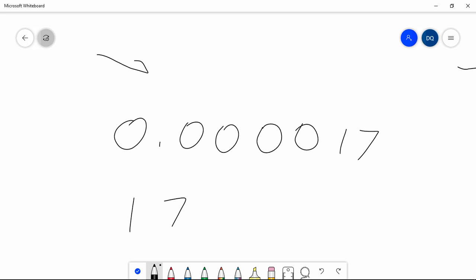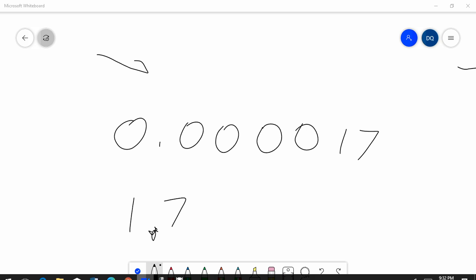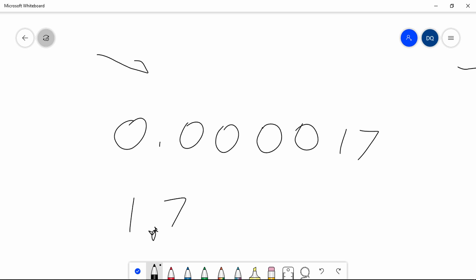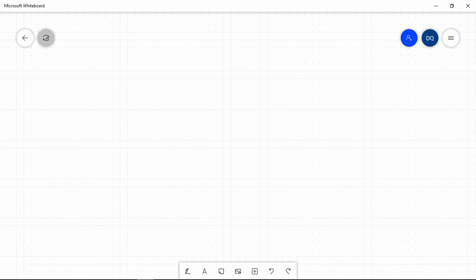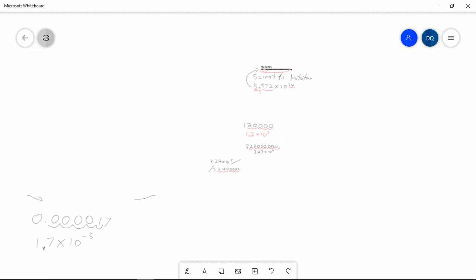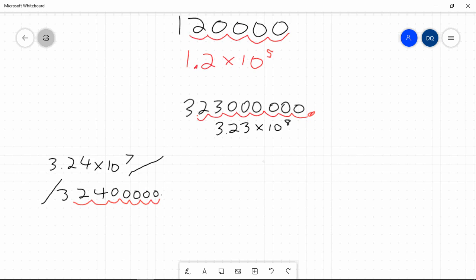I'll write that as 1.7, but now that decimal has to move 1, 2, 3, 4, 5 places the other way. So that's times 10 to the negative 5. So if it's to represent a tiny number and you're moving the decimal to the left, you put in a negative. If it's to represent a large number and you're moving that decimal to the right, you put a positive.